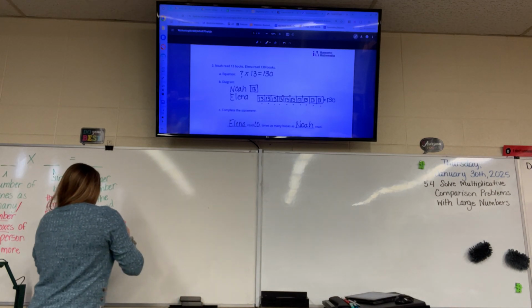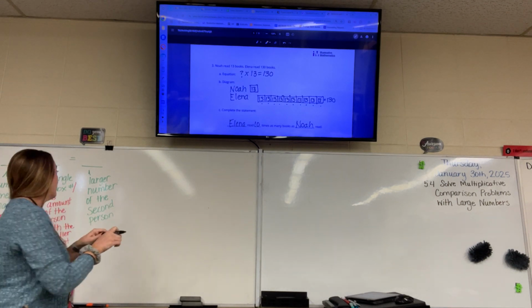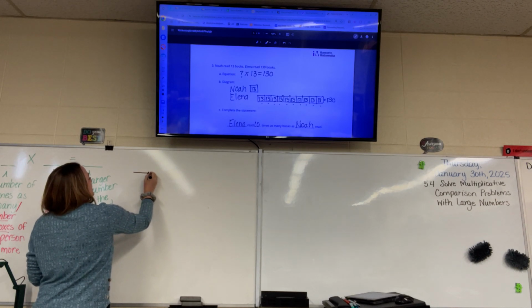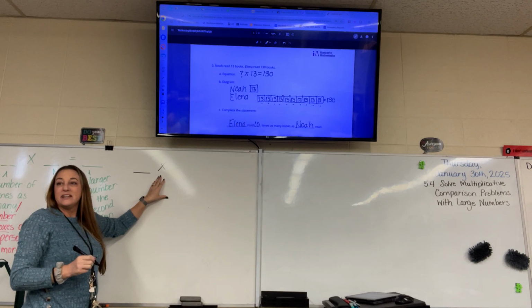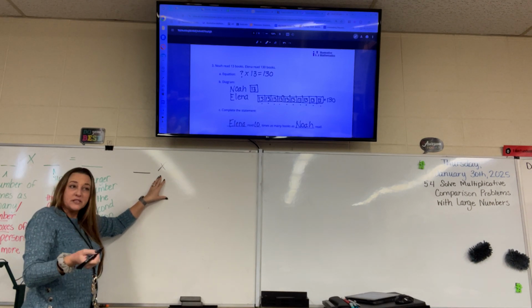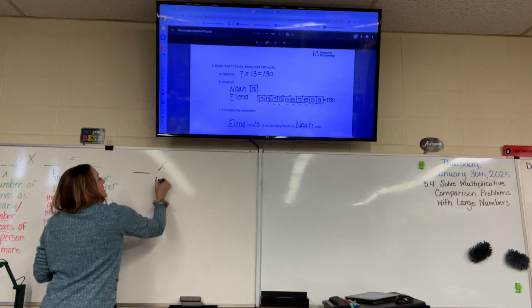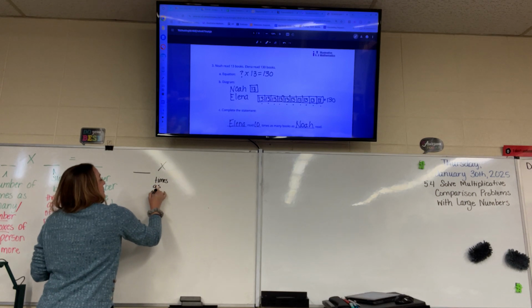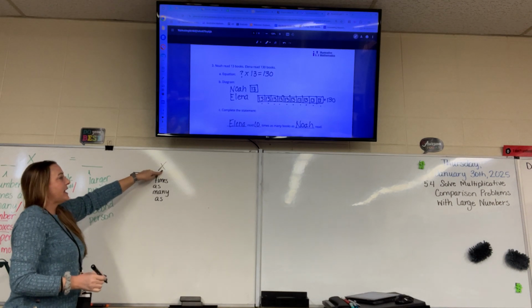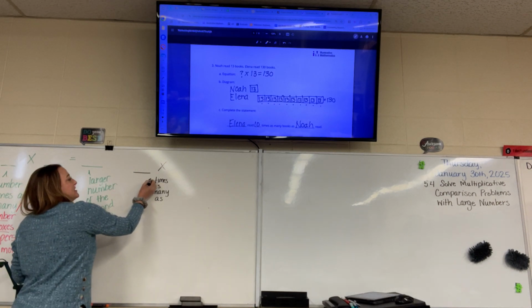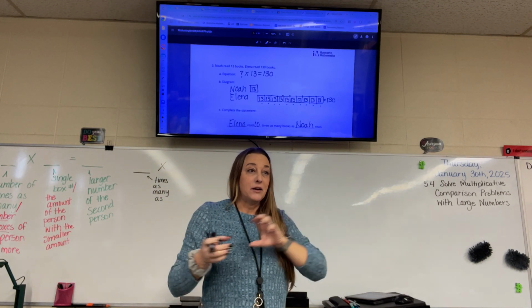Just to review, because I don't know if this is visible to the people watching the video, your very first space is followed by a times sign. This times sign can be read times, groups of, or the way we're doing it for this, times as many as. Since that sign says times as many as, the first number has to be how many squares are in the bigger amount of squares.